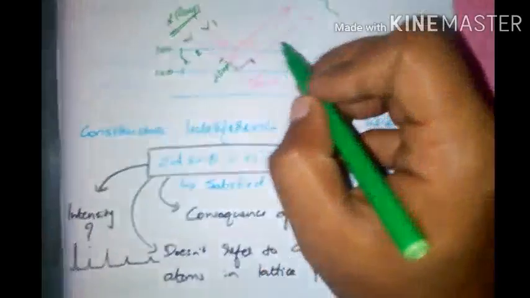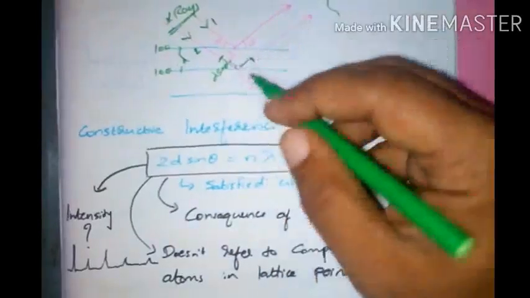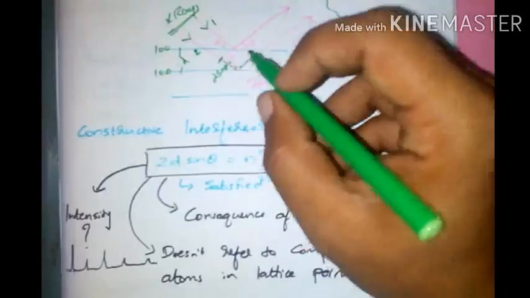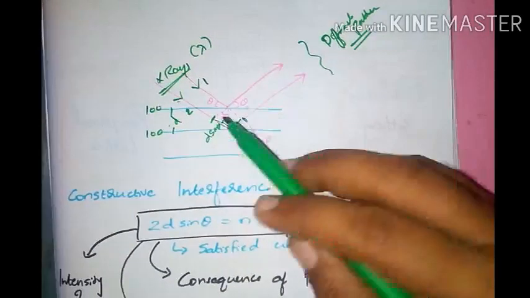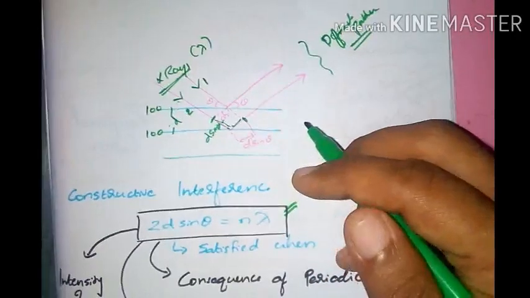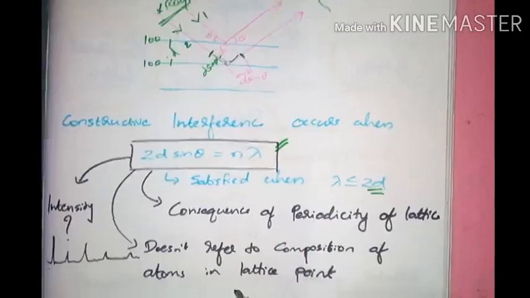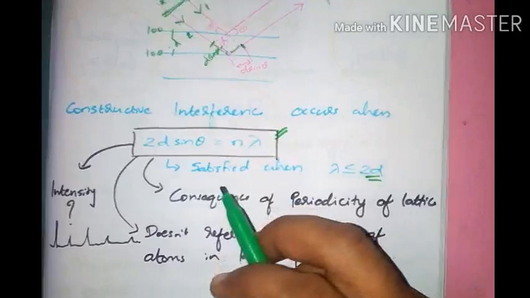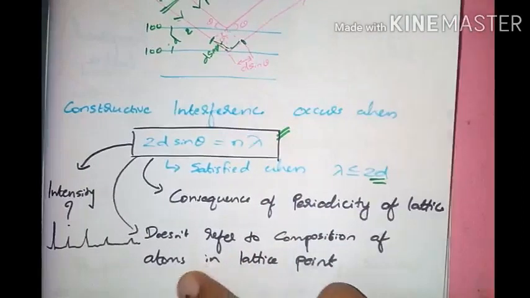The diffraction condition, Bragg's law and the diffraction pattern that we have obtained here are a consequence of this periodic arrangement of atoms in the crystal and the planes that are formed by it. And these planes don't refer to the composition of atoms at the lattice points.